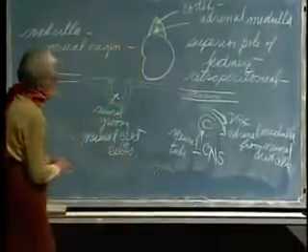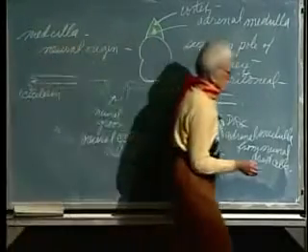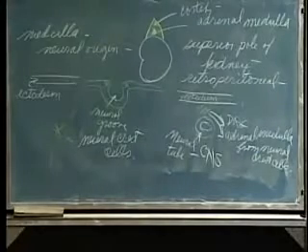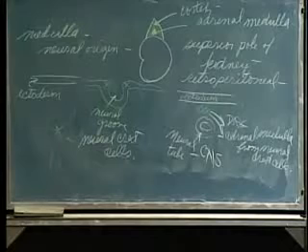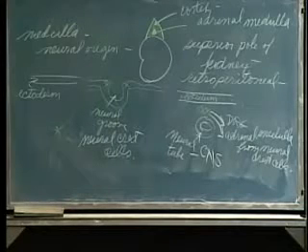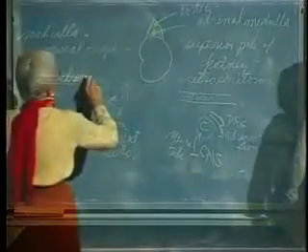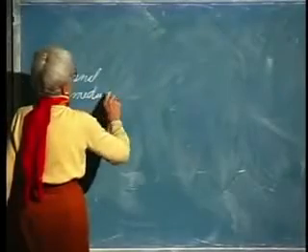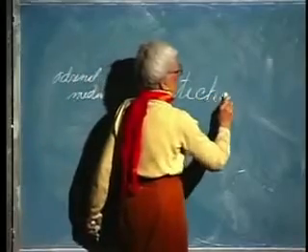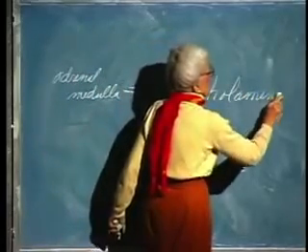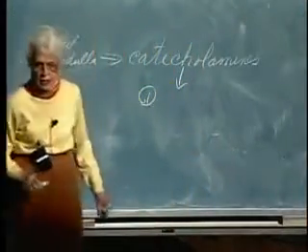Now these cells which form the adrenal medulla will allow the cells then to form hormones in a category called catecholamines. So adrenal medulla forms catecholamines. And these will include two hormones.